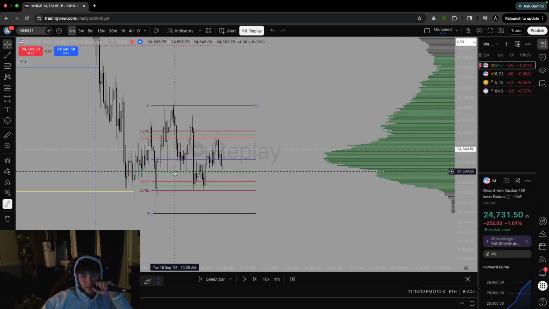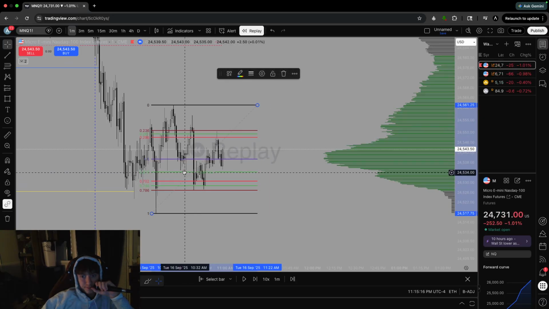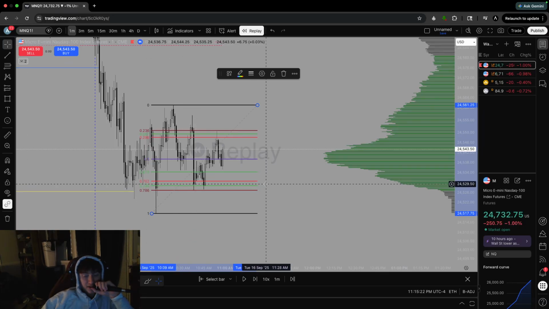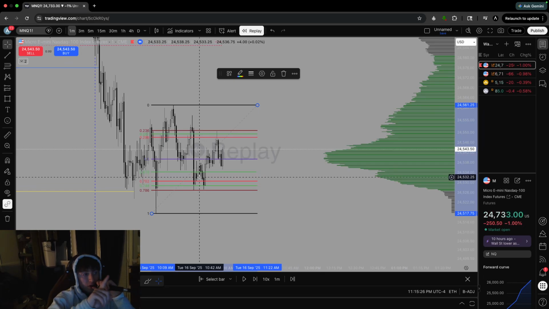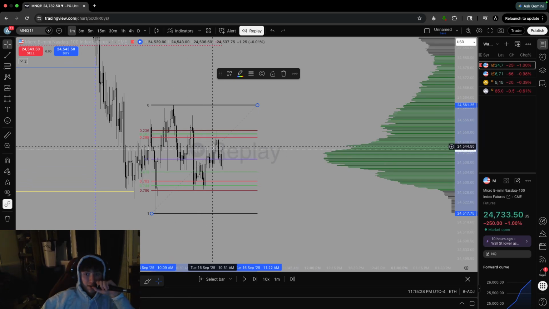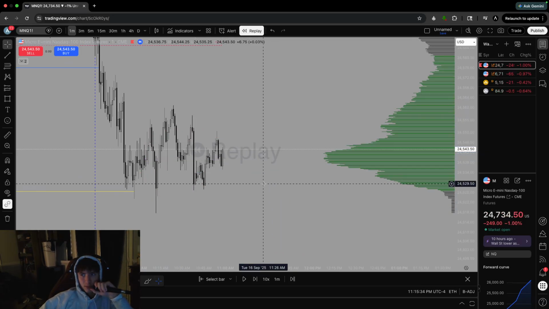So we need to see if it only matters on the first touch of the green line, or if it doesn't matter that it touched this. As long as it touches this, it's going to go up. I explained that really badly, but we need to backtest that.